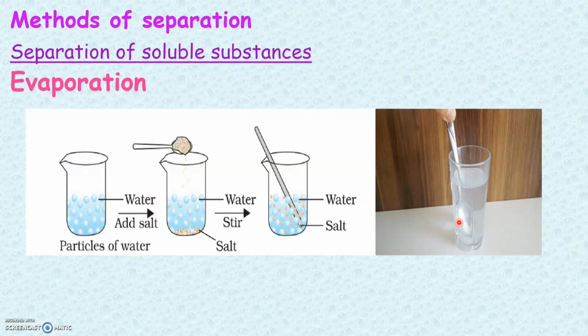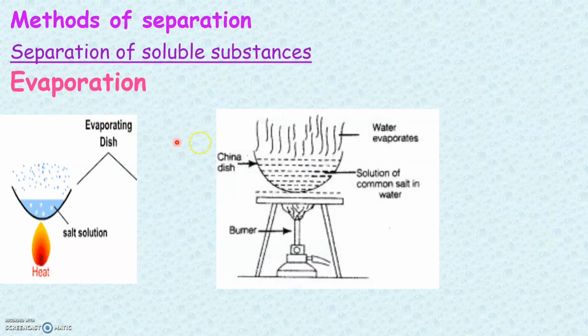Now let us see what exactly happens in case of evaporation. As you see here in the picture, salt solution is taken in an evaporating dish like how you see here in the picture. And as it is heated with the help of a burner, it is observed that all this water will evaporate like how you see here.